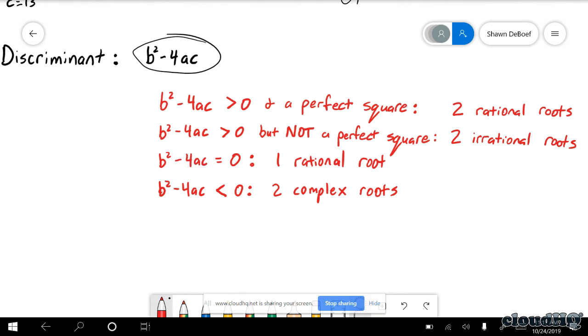So if for some reason we just wanted to know how many roots there were and what types they were, whether they were rational, irrational, or complex, but I didn't actually need to know what the roots were, I could do just that discriminant, and based off of whether that discriminant's positive, 0, negative, and if that positive one is a square or not, we could determine what type of roots they are.